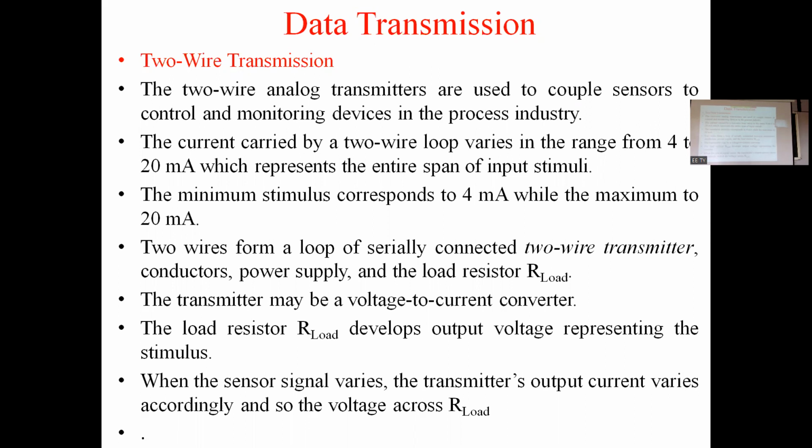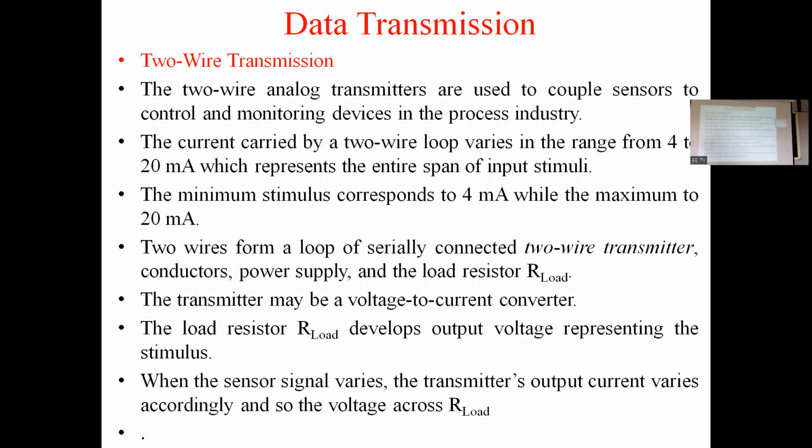This load resistance converts the current generated by the sensor into voltage. So that means it is a current to voltage converter due to R load.